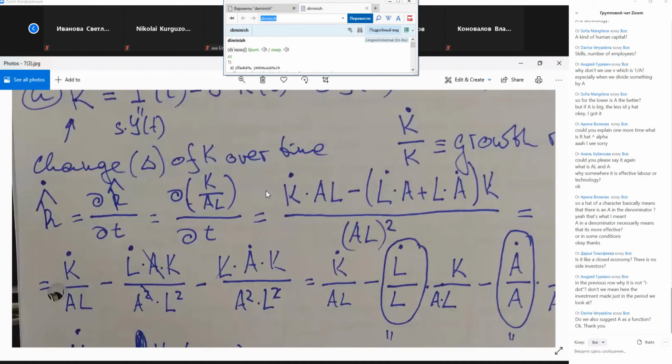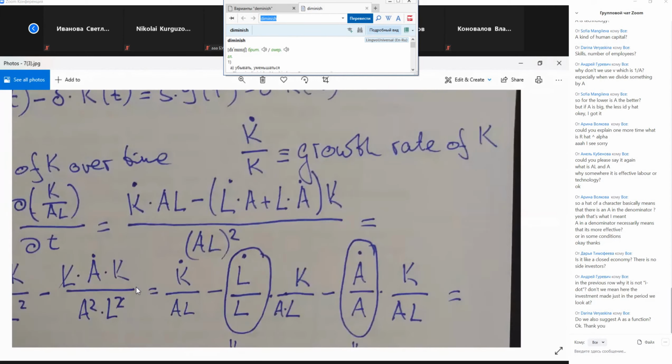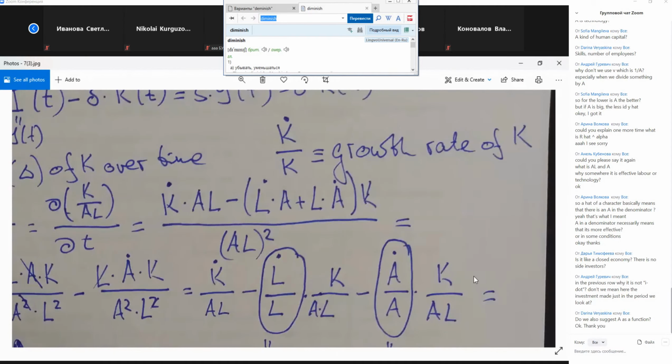And then we start opening the brackets, simplifying terms, canceling something out, and in the end we slowly approach something more interpretable. Because we say, this is L dot divided by L, and A dot divided by A. This is something we know.